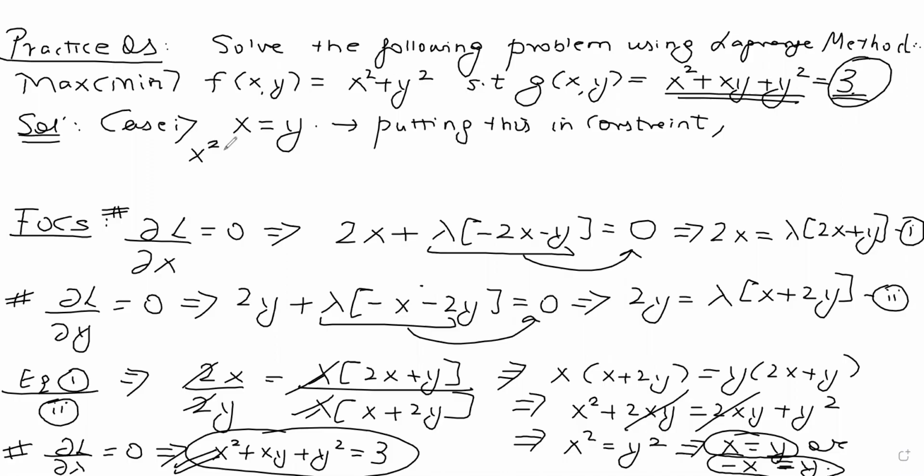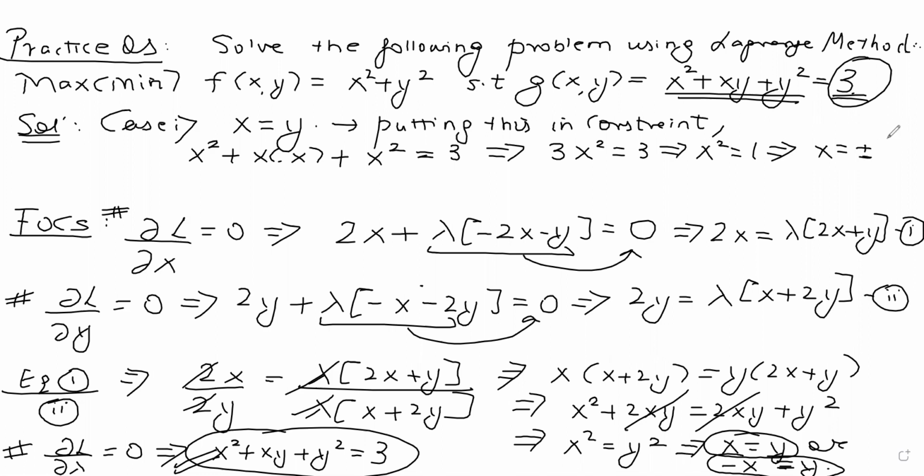X square plus x into y is nothing but x square, plus y square is again x square. This is equal to 2. So 3 times x square is equal to 3, which implies x square is 1, which implies x is equal to plus minus 1. And if x is equal to plus minus 1, I can write y is also equal to plus minus 1 because x is equal to y.